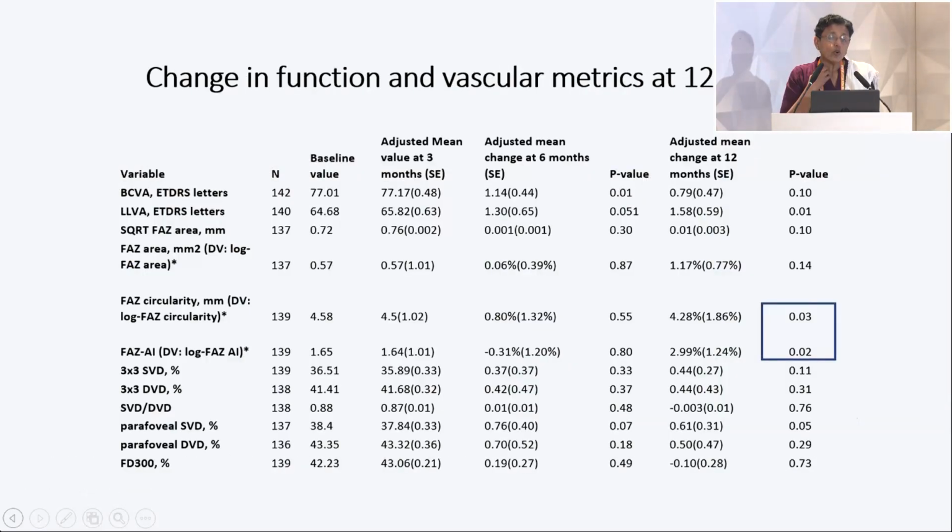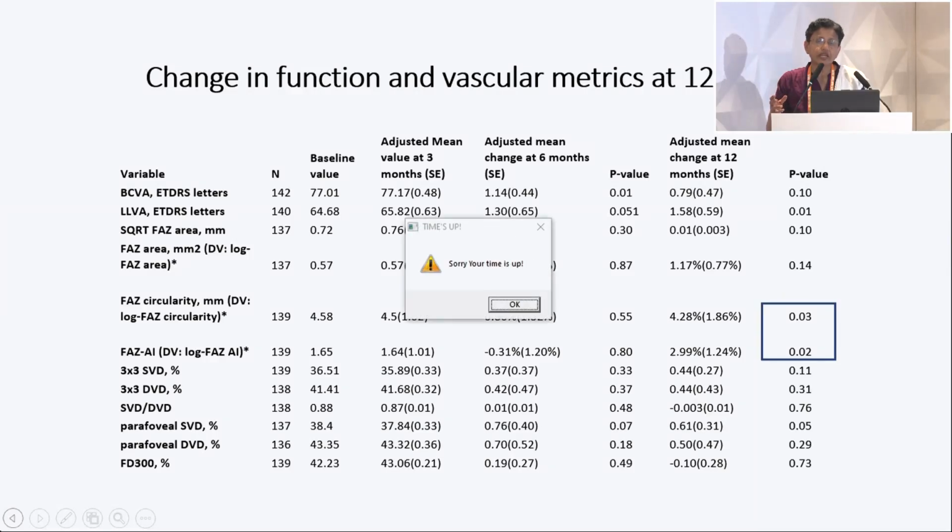We also looked at all the changes in visual function and vascular metrics over the 12 months. We had several parameters, visual function as well as structural changes. And actually, all of them showed deterioration, but the only significant one was still foveal avascular area.